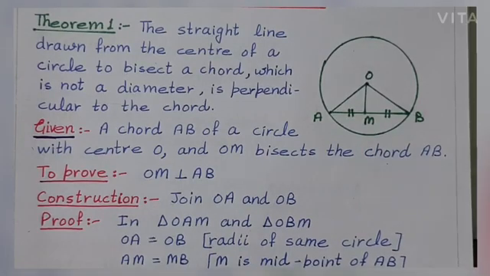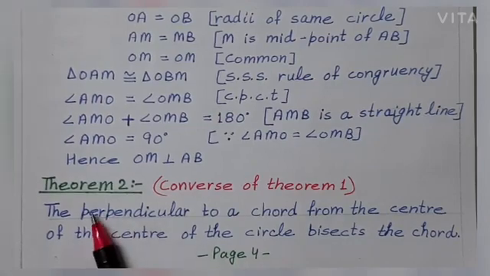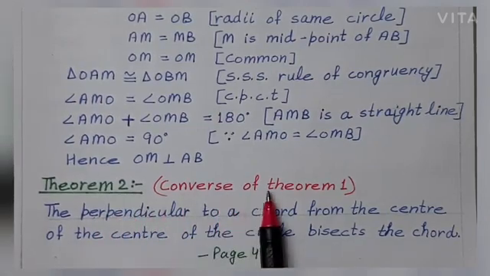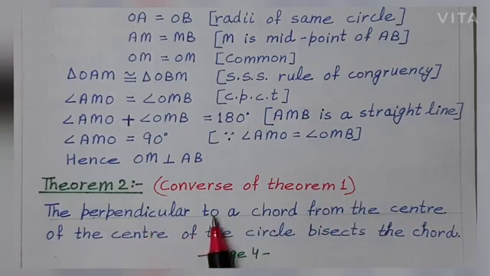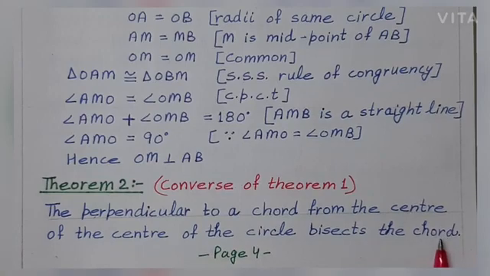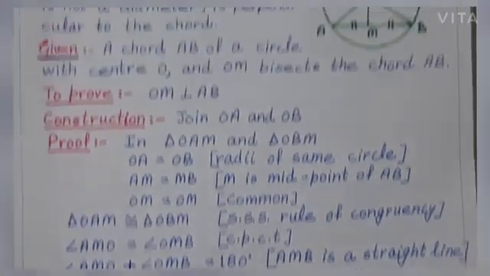Now students, let's move to theorem number 2. The second theorem is the converse of theorem 1. The perpendicular to a chord from the center of the circle bisects the chord. That means, now let's see the same figure.